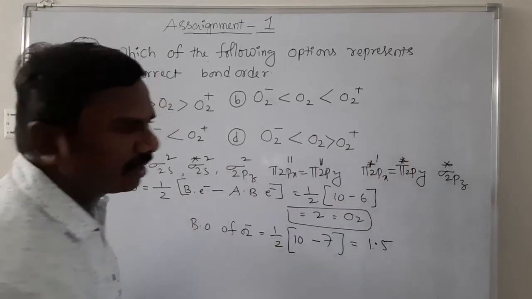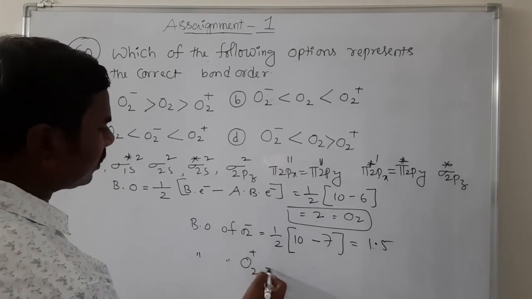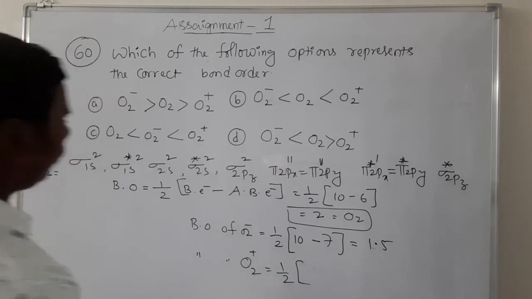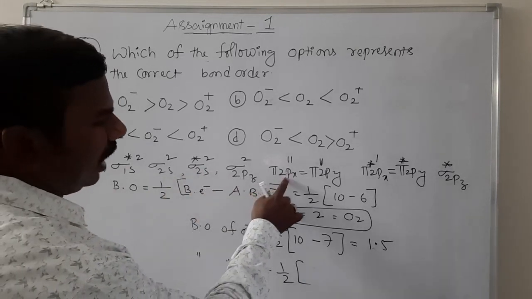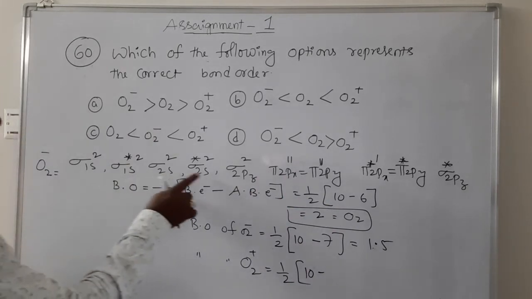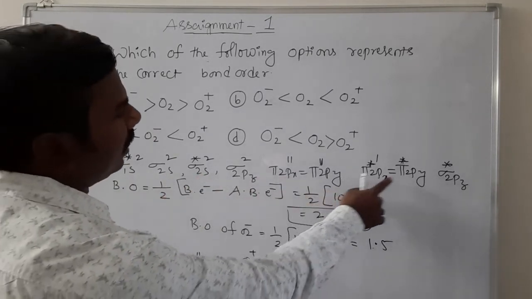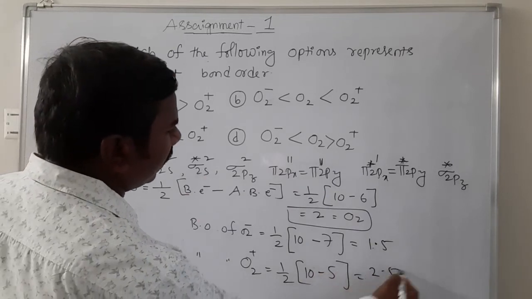That's it, only 15. Bond order of O2 plus is equal to half into bonding electrons 2, 4, 6, 8, 10, remains the same. Antibonding 2, 4, 5, so 5 only. 10 minus 5 is equal to 2.5.